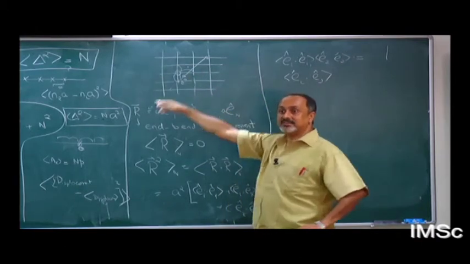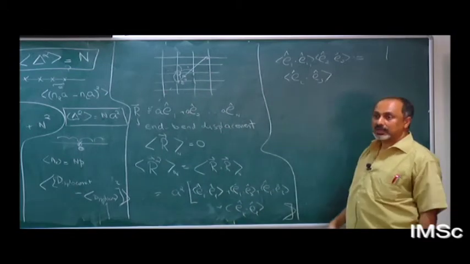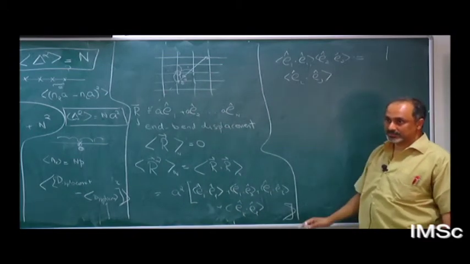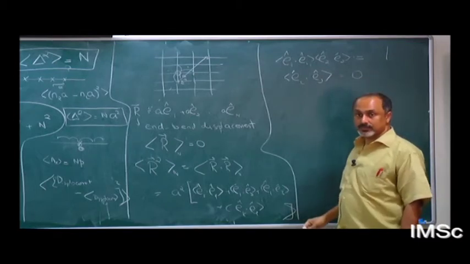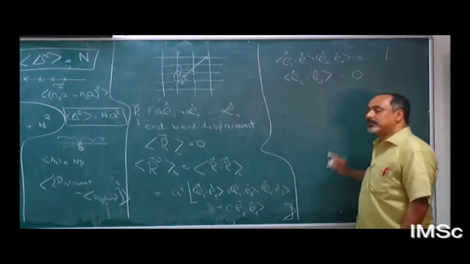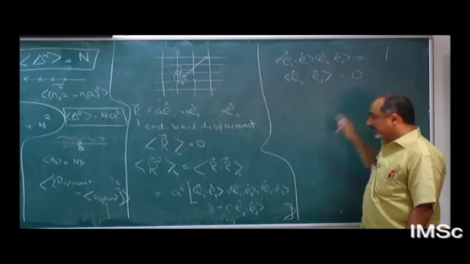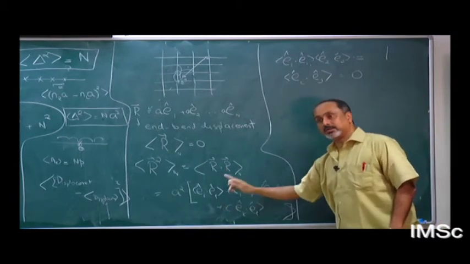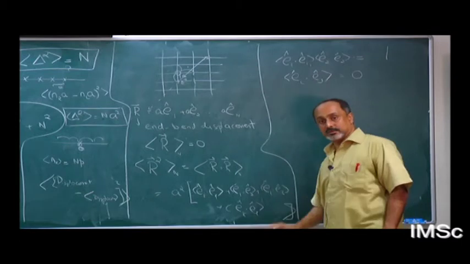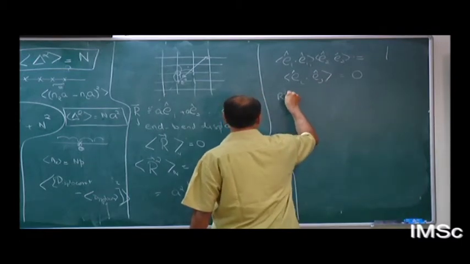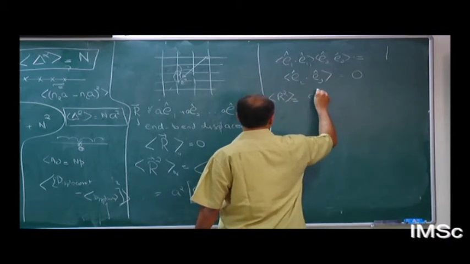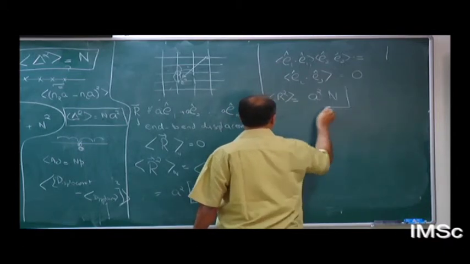The nth step of one walk and the nth step of the other walk are not correlated with each other. They could be in opposite directions. So on average, this quantity is 0. Most of the terms in this sum are of this form. There are only n terms which are E1 dot E1, E2 dot E2, E3 dot E3, E4 dot E4. So the answer here for r squared average is just a squared into the number of steps.